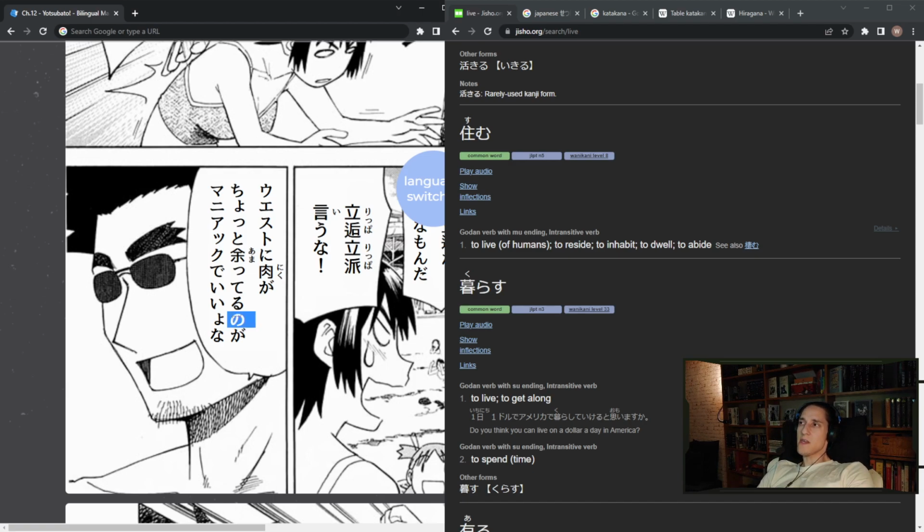So instead of translating it as Fuka has some leftover or some remaining meat on her waist, this, if I'm correct, I still don't know if I'm correct, this no makes this just the name of the activity, or I don't know what the grammar term for it is, but basically I would translate it as keeping a little meat on one's waist.